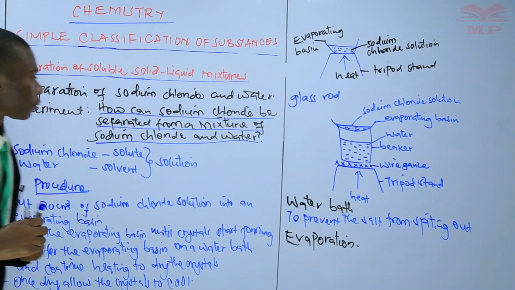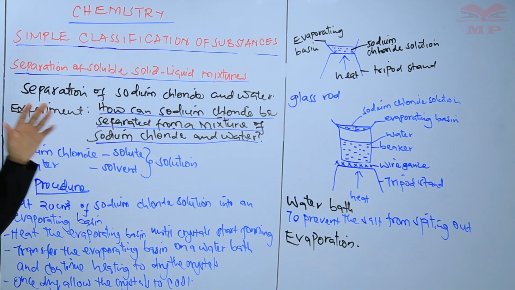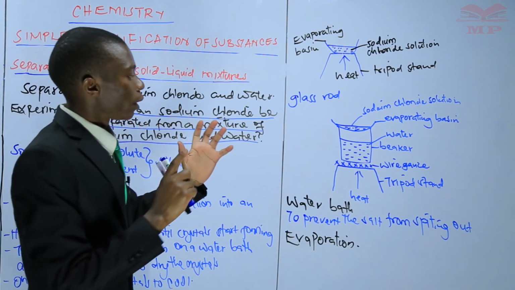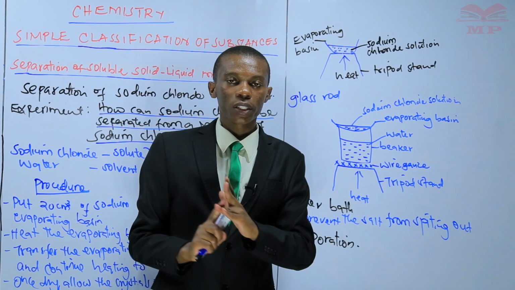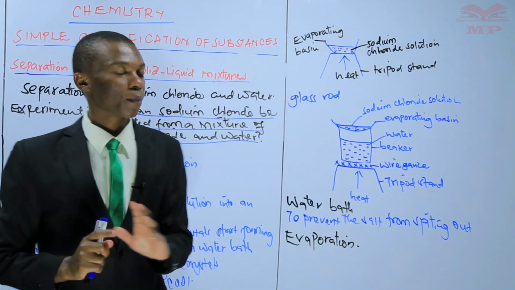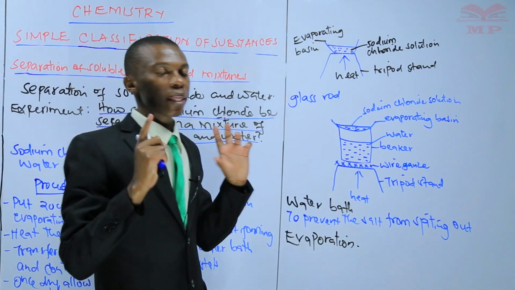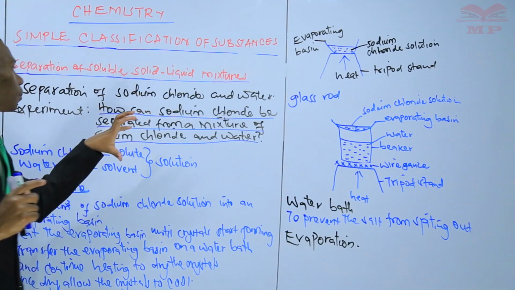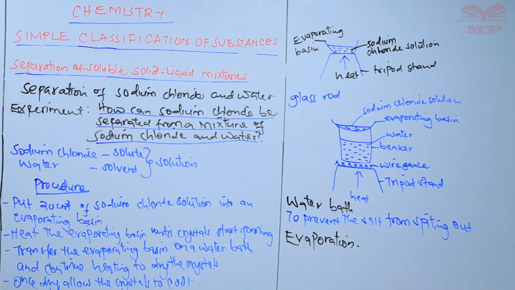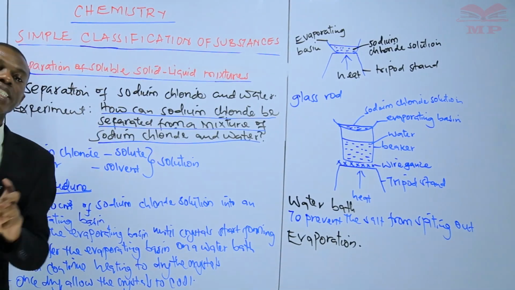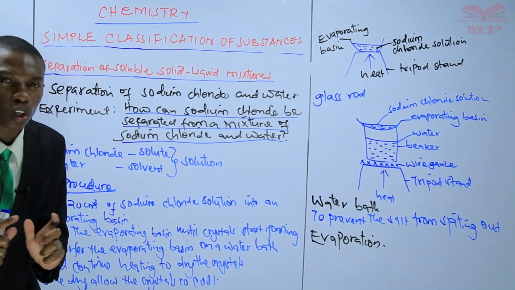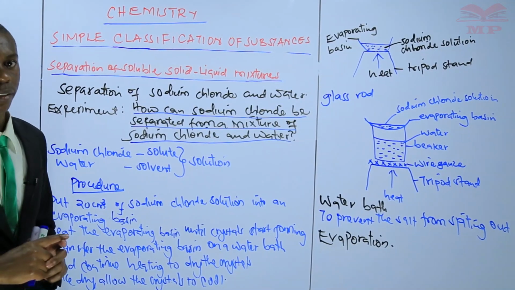It is evaporation because in this solution of sodium chloride, there is water and sodium chloride salt, or a solvent and a solute. Remember, the aim of our experiment was to obtain sodium chloride from a mixture of sodium chloride and water.